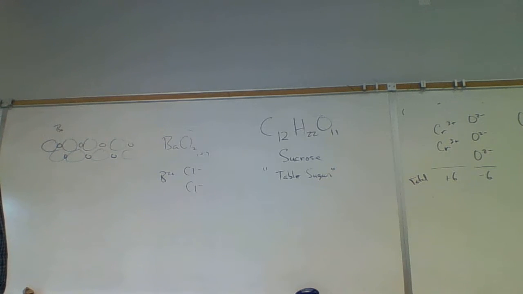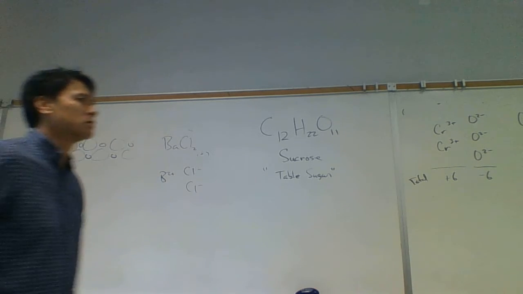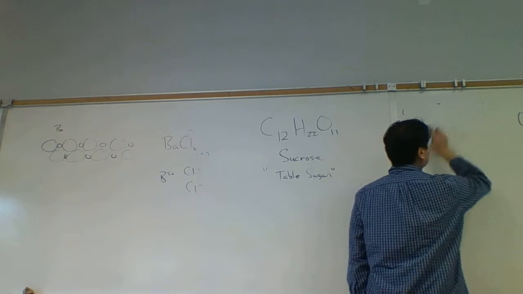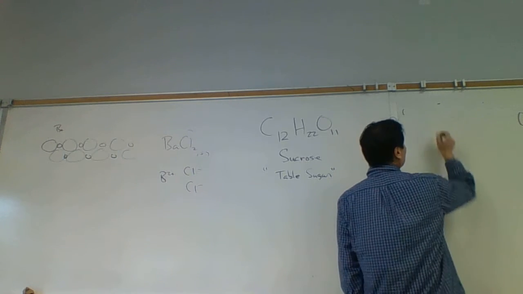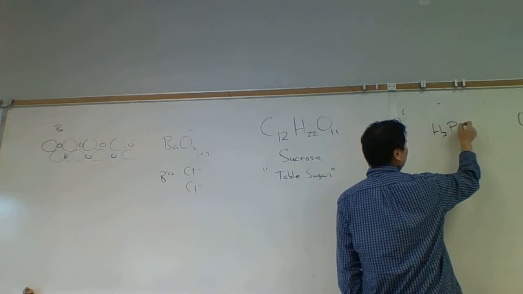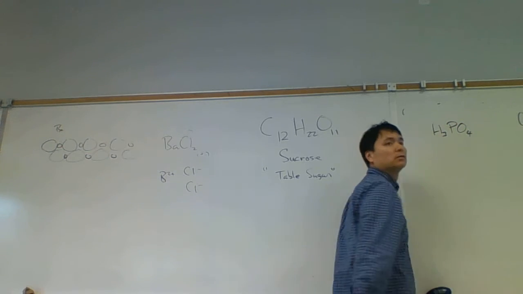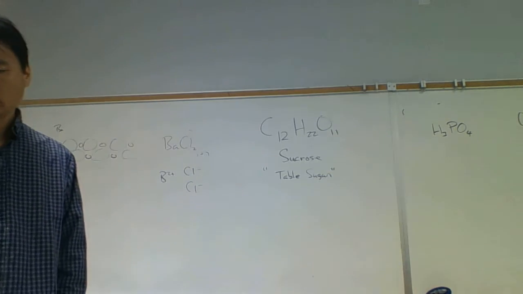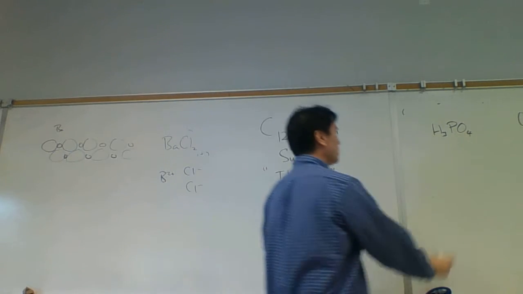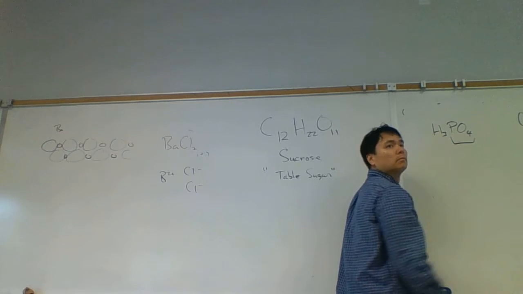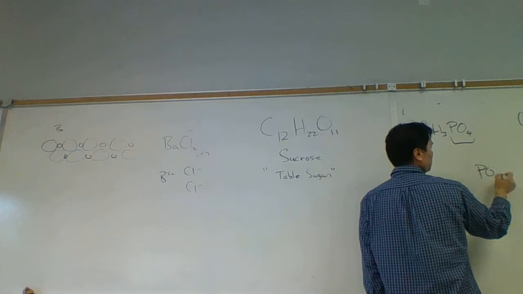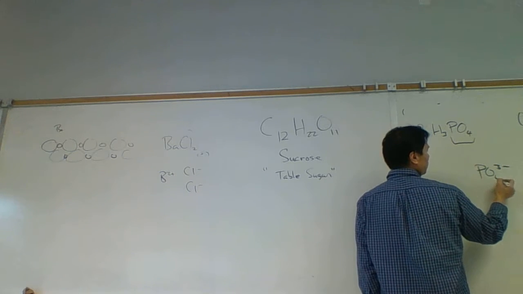The compound made up of molecules with 3 hydrogens, 1 phosphorus, and 4 oxygens. Three hydrogens, 1 phosphorus, 4 oxygens. Now, when you see this, do you recognize this? Yeah, that's phosphate. What's the charge on phosphate? It's 3 minus.